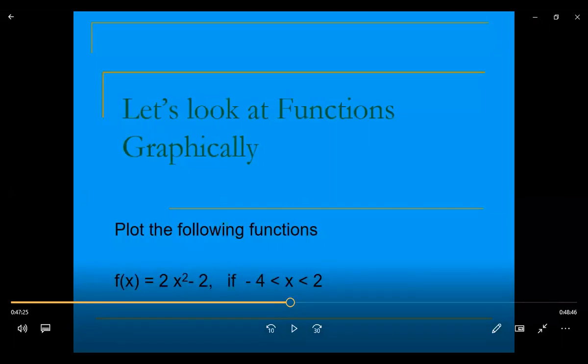So the function there, f of x, will be 2x squared minus 2, and the given domain is -4.